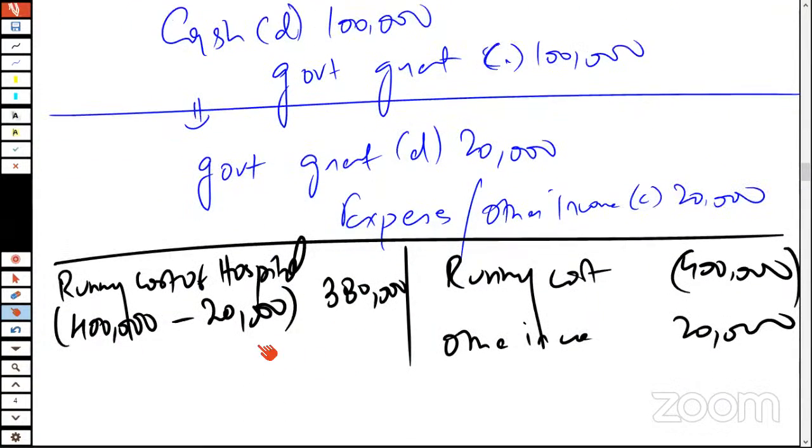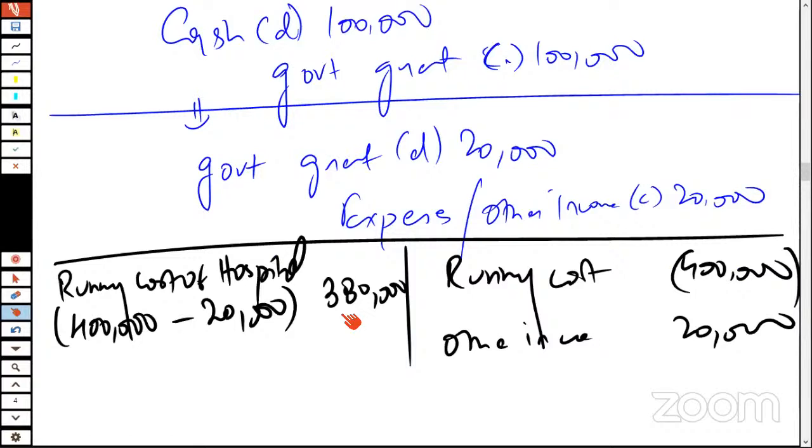So what do we mean by this? For example, if you are being given the grant for running the hospital, so the cost of running the hospital is 400,000. The grant provided is 20,000. So 380,000 is going to be the net cost of running the hospital.